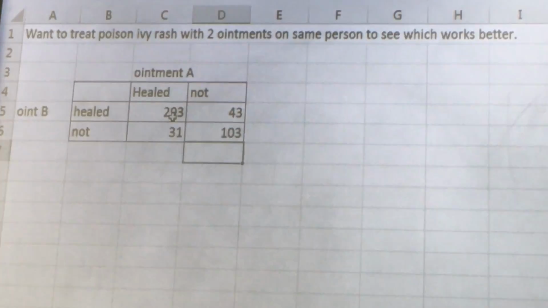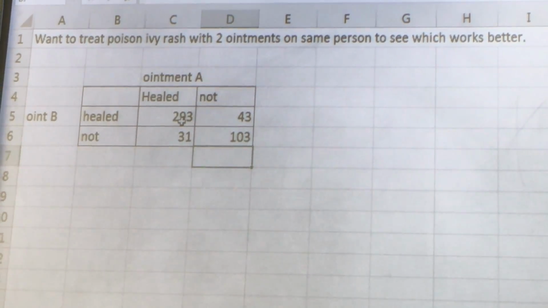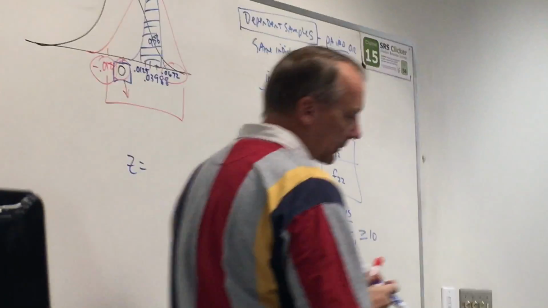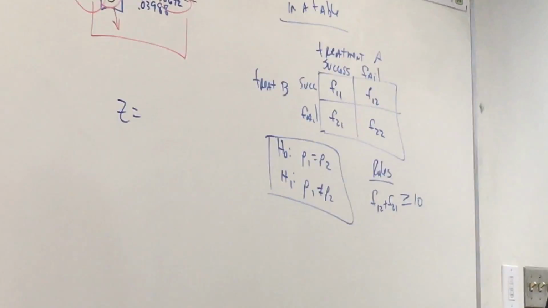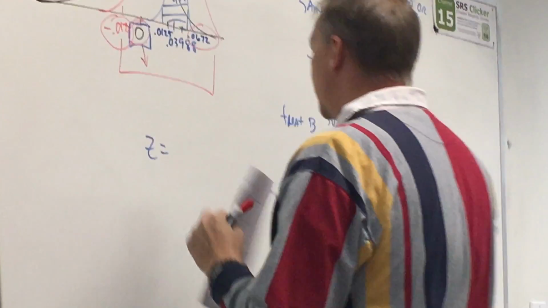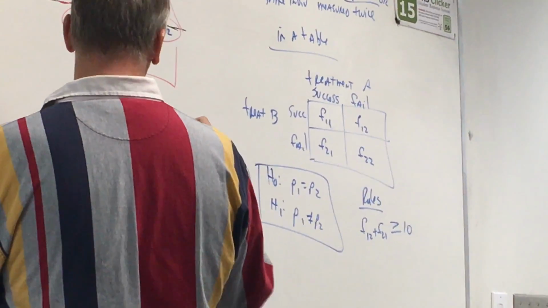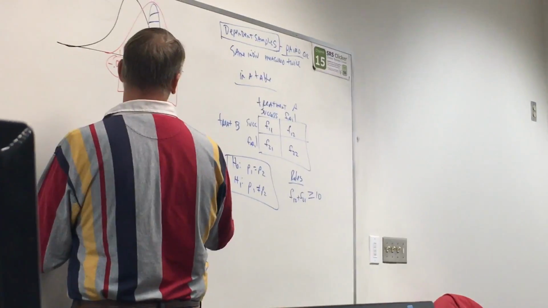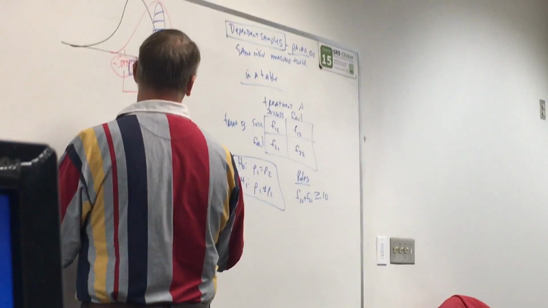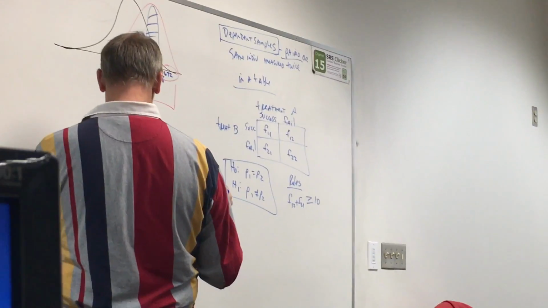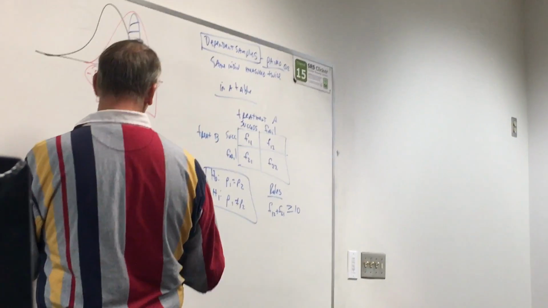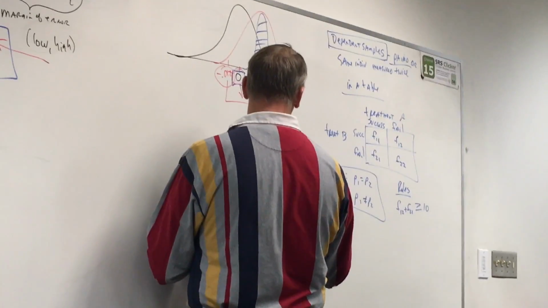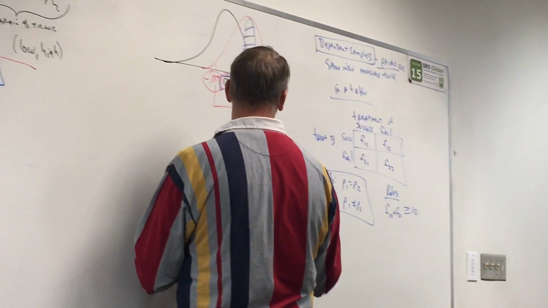Okay? So the formula in this case is going to be Z equals the absolute value of F12 minus F21 minus 1 over the square root of F12 plus F21.